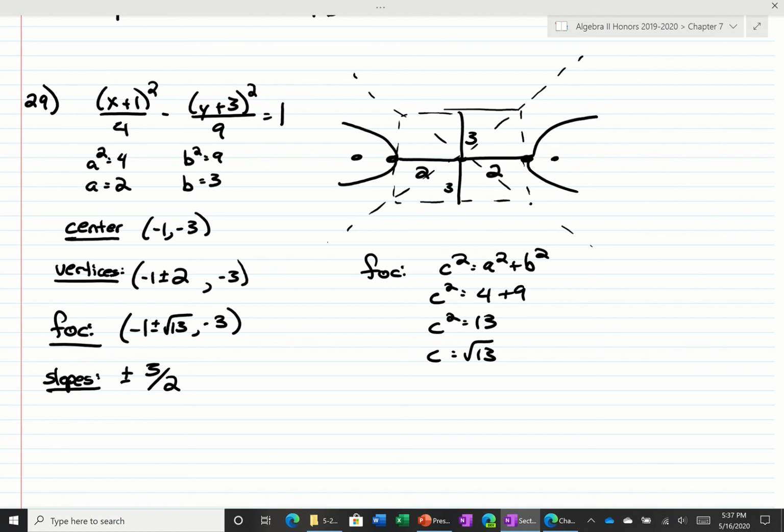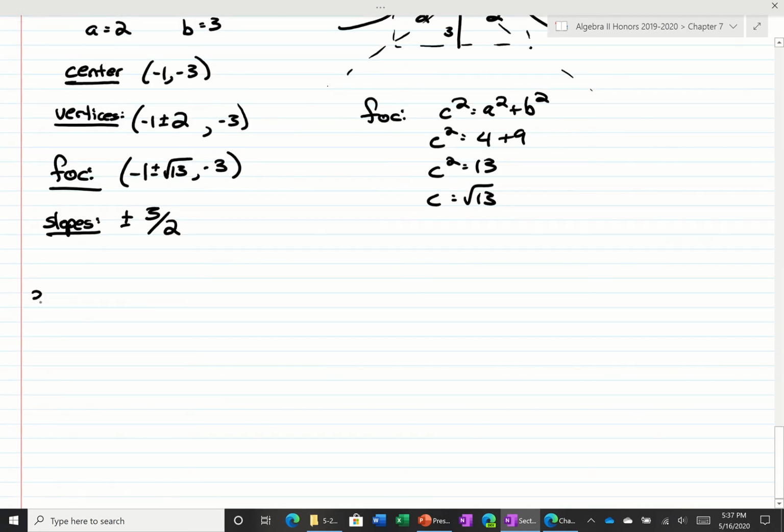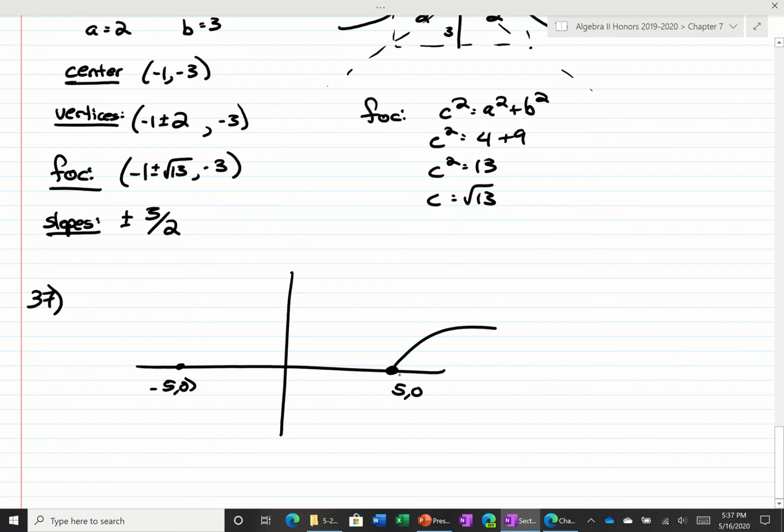37, it says the vertices of the hyperbola are -5, 0 and 5, 0. And those are vertices, which means it looks like this. So automatically we know it's horizontal. We know that A is 5.